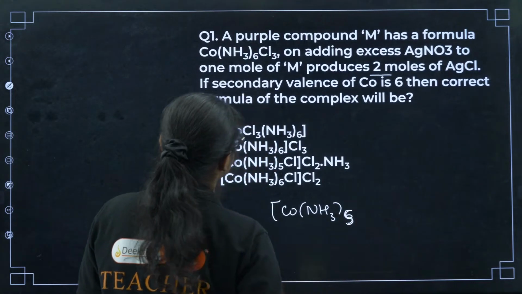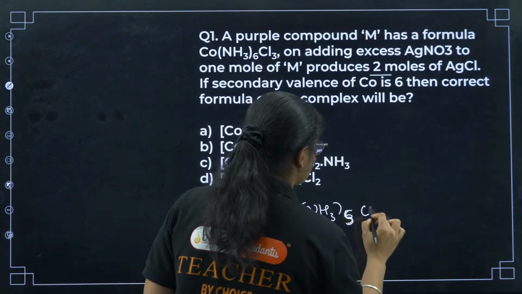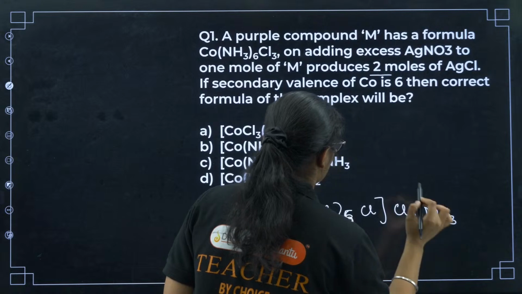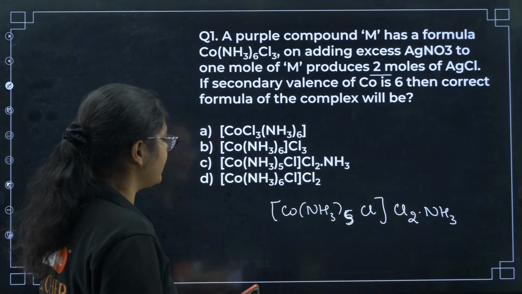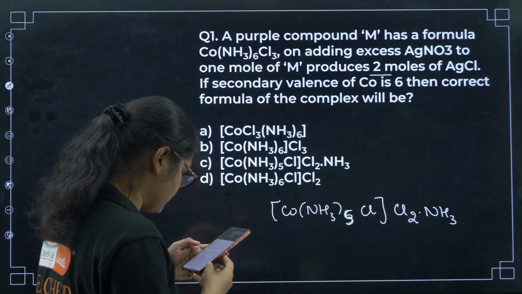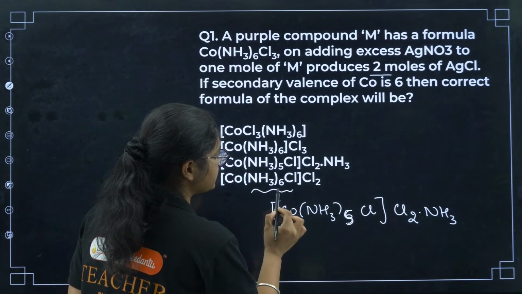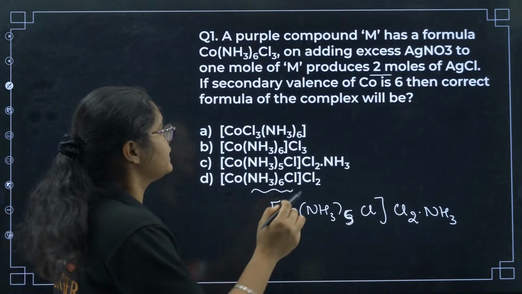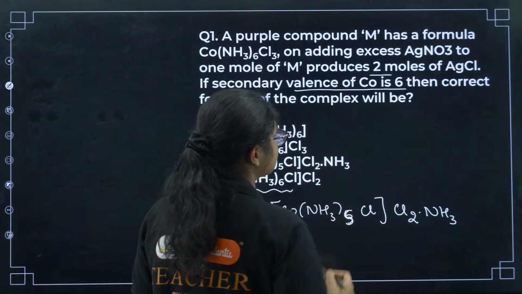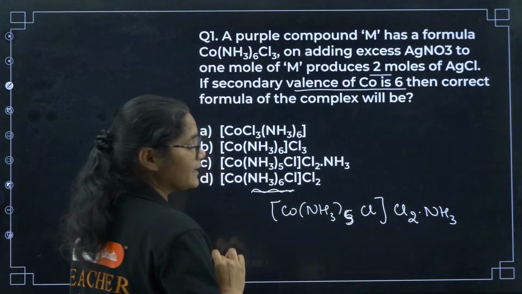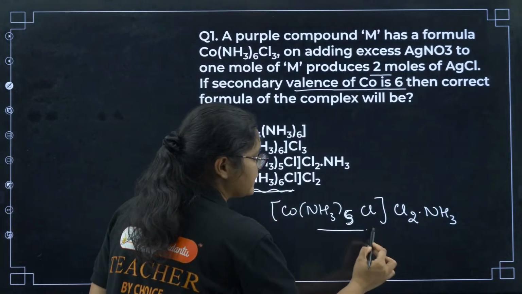I have 1 chlorine I have to keep inside, then I will have 2 chlorine outside and 1 NH3 outside. So will the correct answer be D? No, if you keep D, the total coordination number here becomes 7, but it is said that the secondary valency of cobalt is 6. So we cannot have 7 ligands inside, we can have only 6 ligands inside.